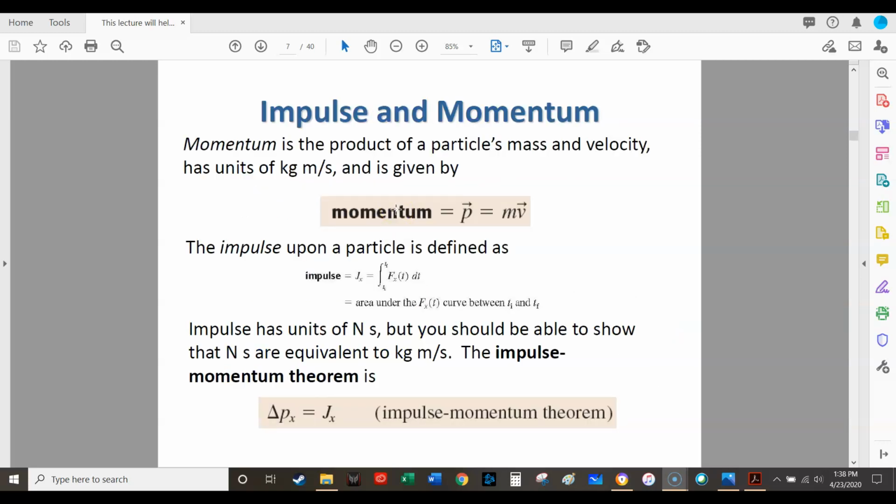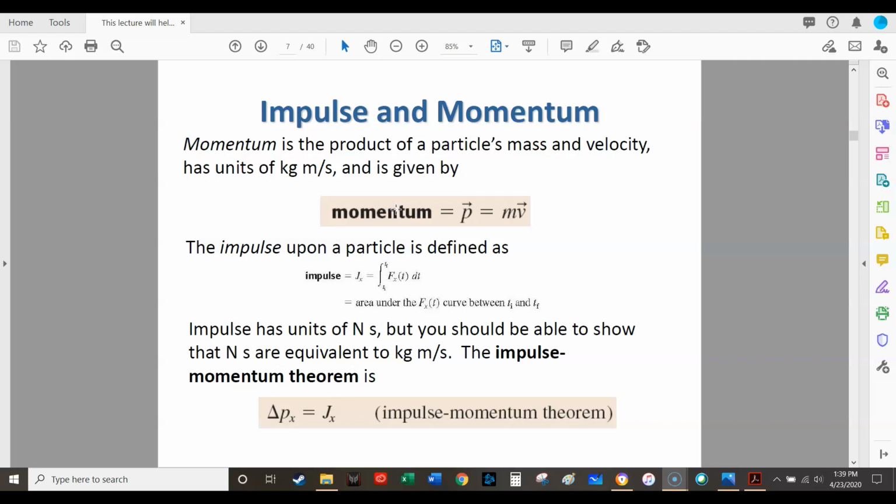I had mentioned impulse before, and we'll talk about impulse in a second, but here's how the two are related. When an object has motion, moving to the right, in your force diagrams you had two objects interacting with each other.